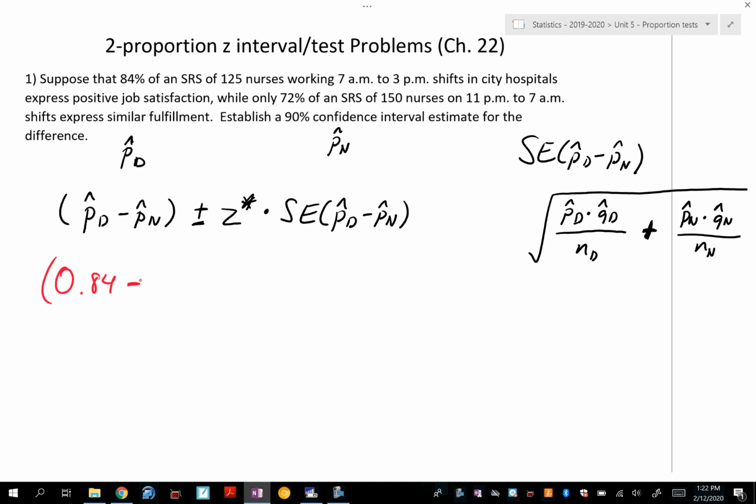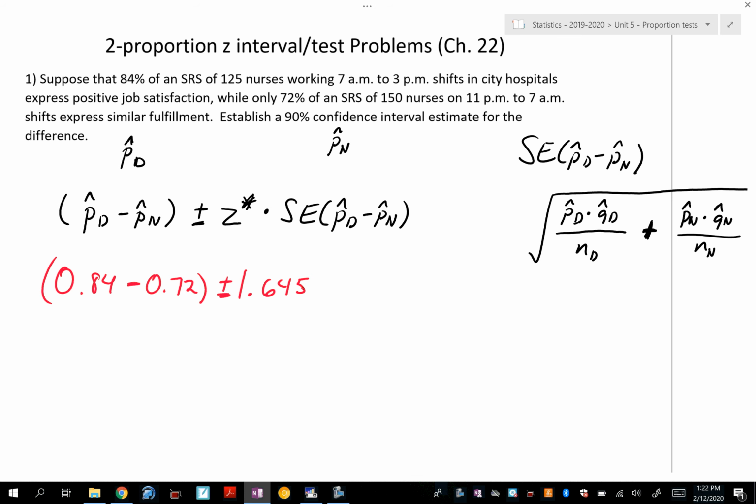Very good. So I'm going to write 0.72. Plus or minus, let's see if you remember, z star for a 90% confidence interval. No one has said it yet. He said it, he just waited. 1.645. That's for 90.